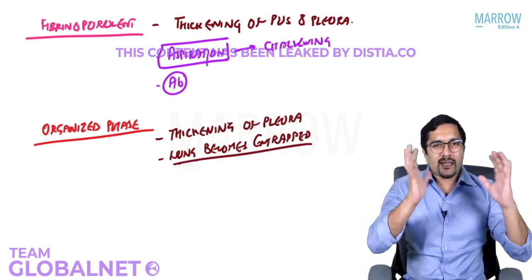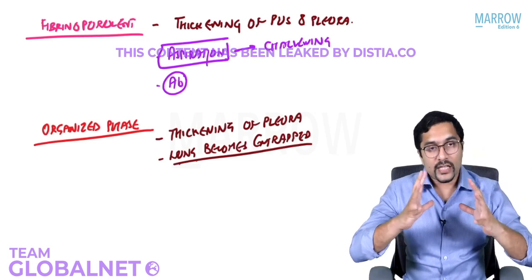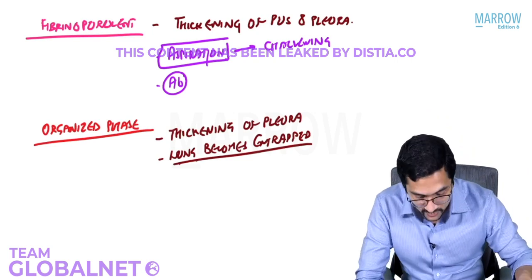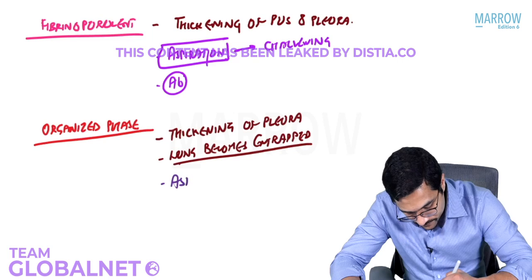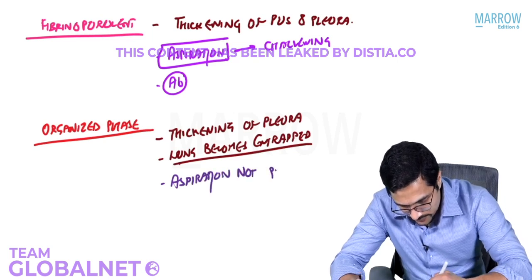Right, so the pleura thickens so much that the lung cannot expand. So expansion is limited. That would also give rise to dyspnea in these patients. Aspiration is not possible here. Aspiration is not possible in these patients.